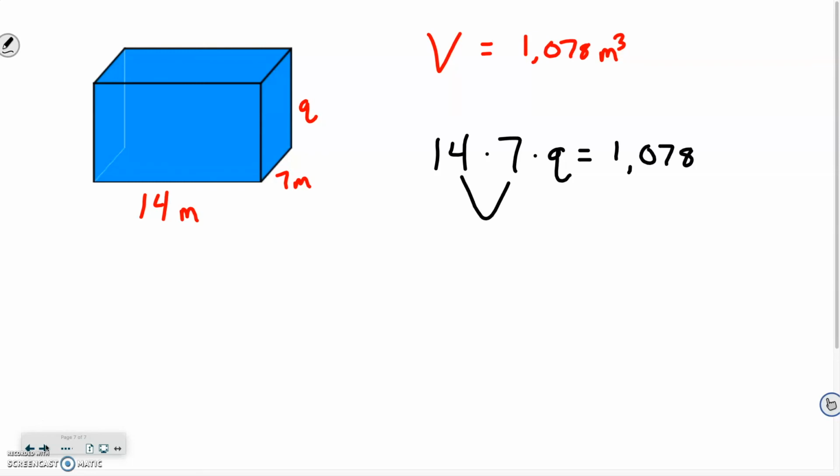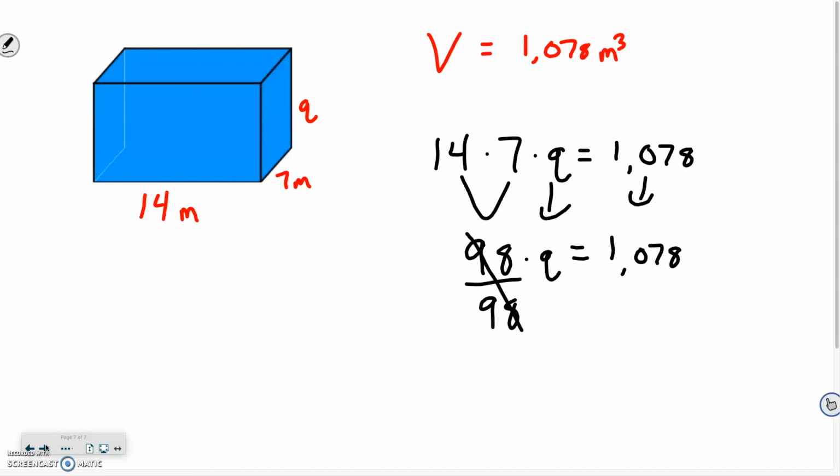Start with 14 times 7, that's 98, times Q equals, bring the rest down, right? 1,078. Divide by 98 on this side, cancels out. It equals 1. Divide by 98 on this side, 1,078, typing in, divided by 98. Q equals 11 meters. Okay?